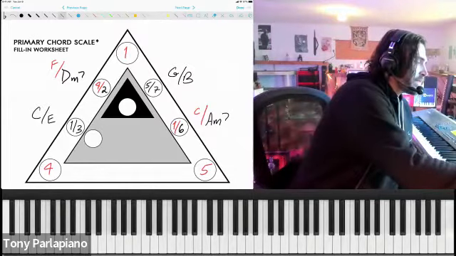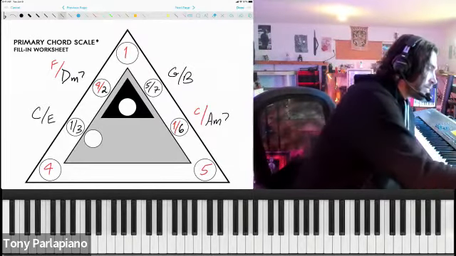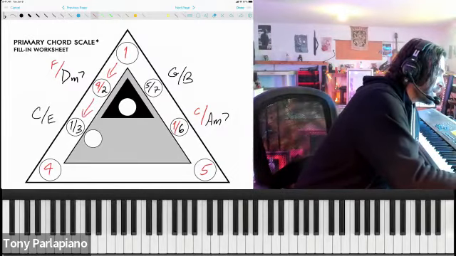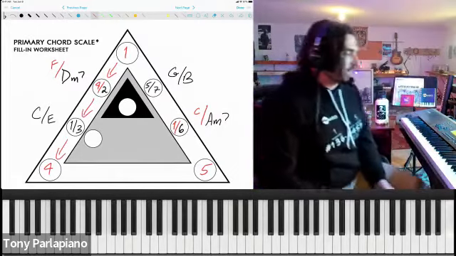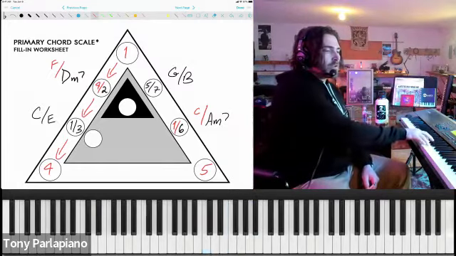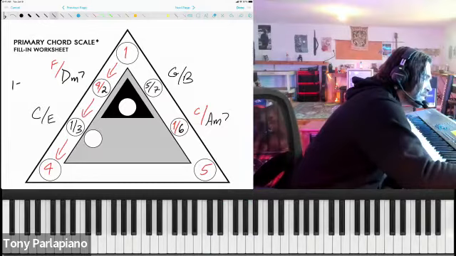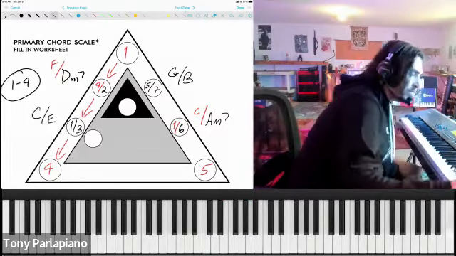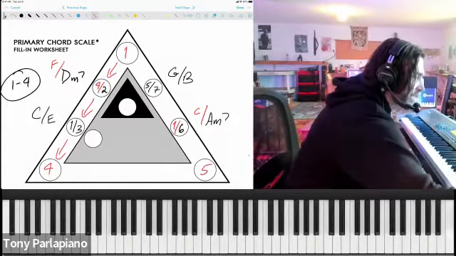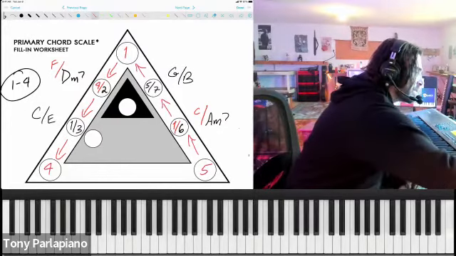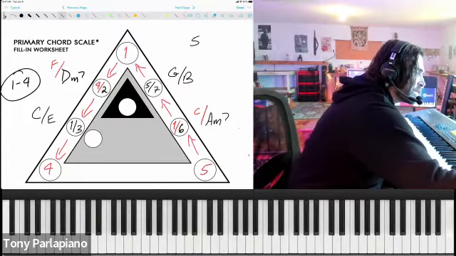So when we look at this side of the triangle here, we notice it's 1 to 4 to 1 to 4. That right hand pattern there, this whole side of the triangle is just all 1s and 4s. When we get over to this side of the triangle, 5 to 1, 5 to 1. This entire side of the triangle is all 5s and 1s.